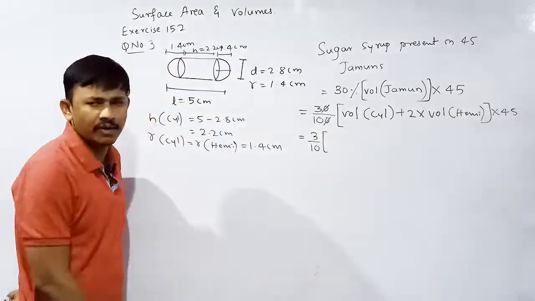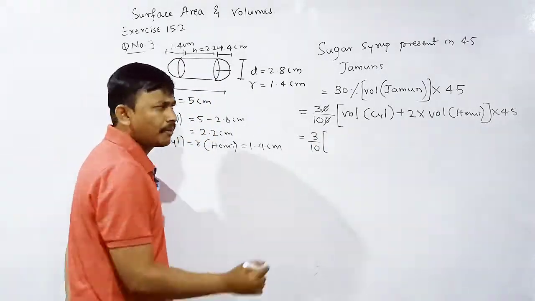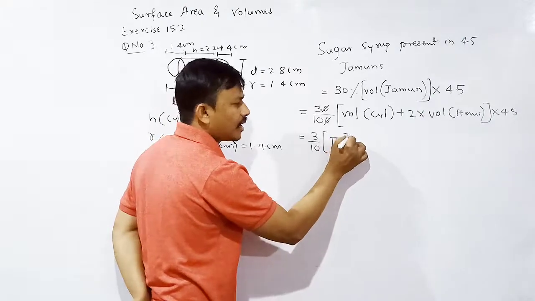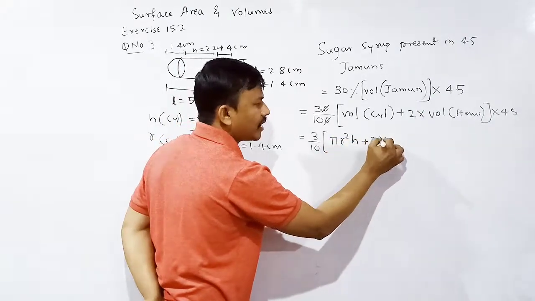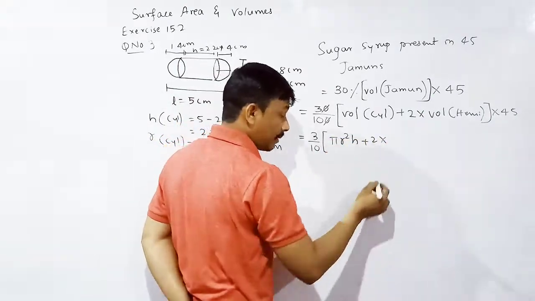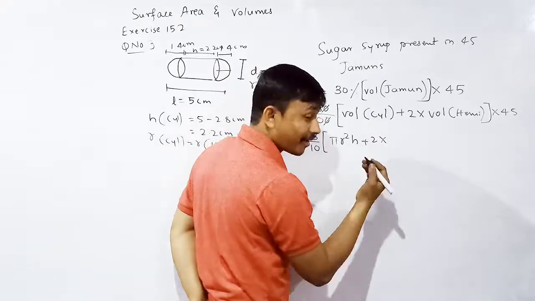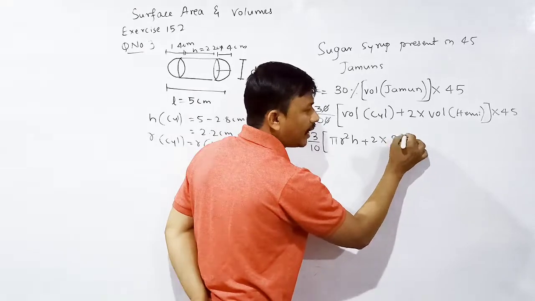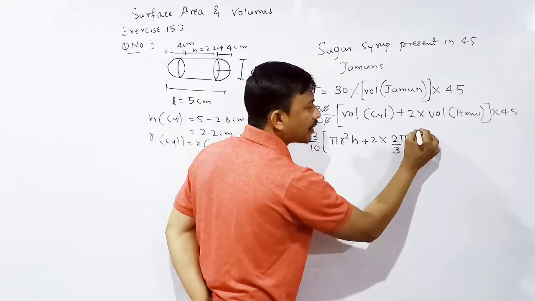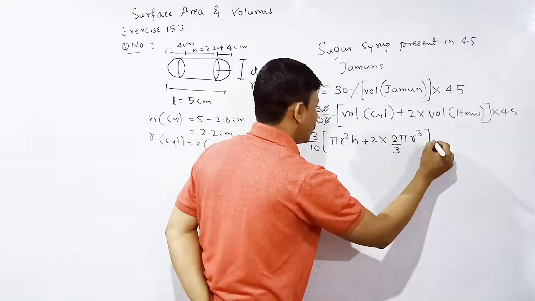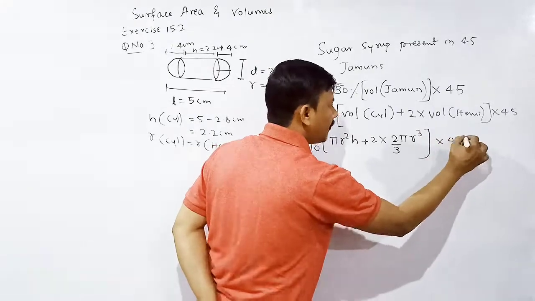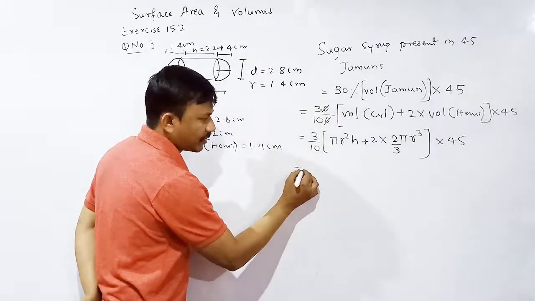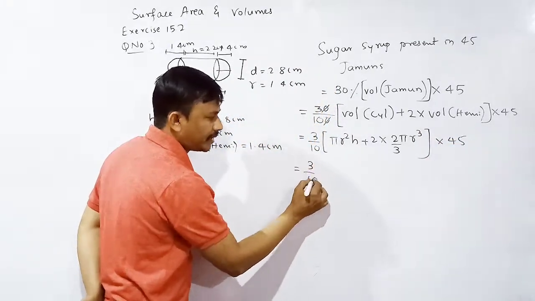What is the volume of cylinder formula? Pi r square h plus 2 into the volume of this hemisphere. The volume of the hemisphere is 2 by 3 pi r cube. Then into 45. This is equal to 3 divided by 10.